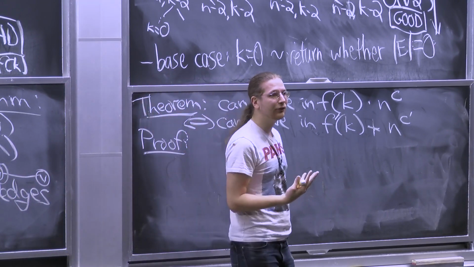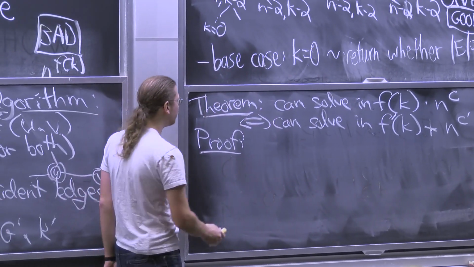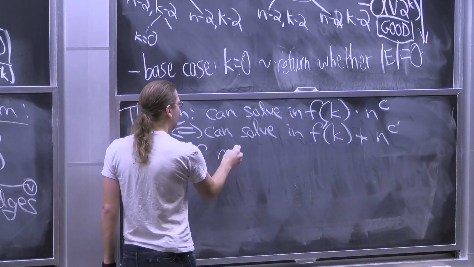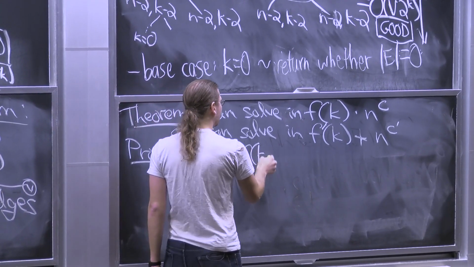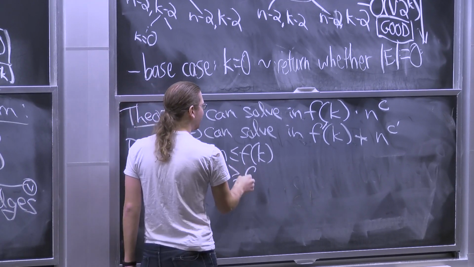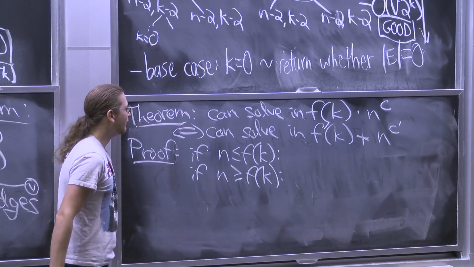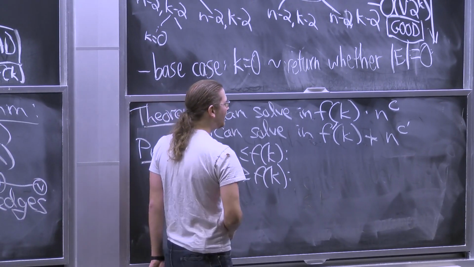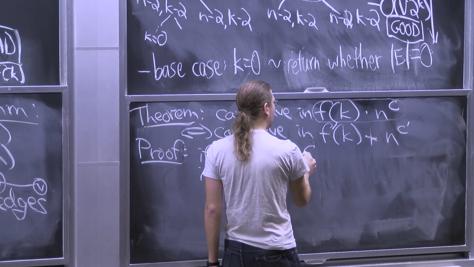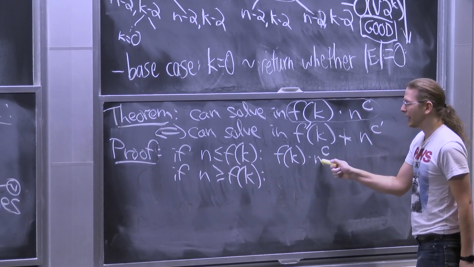If you have an instance of size n with parameter k, there are two cases. Either n is less than or equal to f of k, or n is greater than or equal to f of k. Well, it's got to be one of those, maybe both. If n is less than or equal to f of k, that means that this running time, f of k times n to the c, well, n is at most f of k.